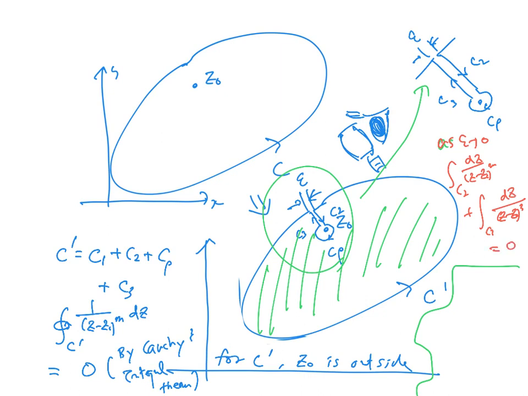Because C2 and C3 are in the opposite direction. So if epsilon is going to 0 and they are closing to each other, then this integral will cancel each other. They cancel each other.